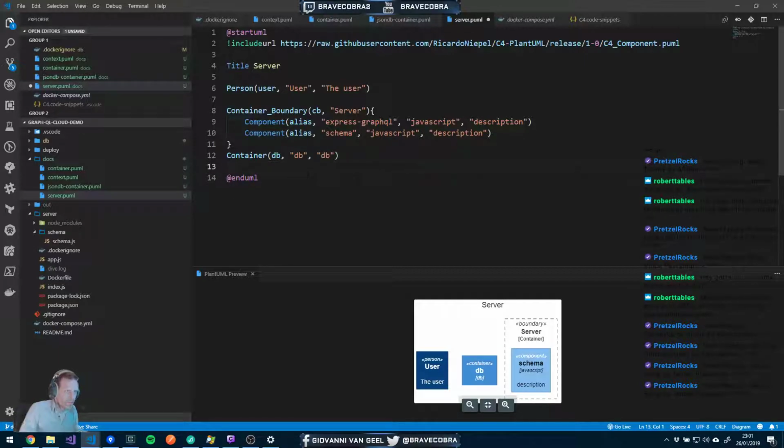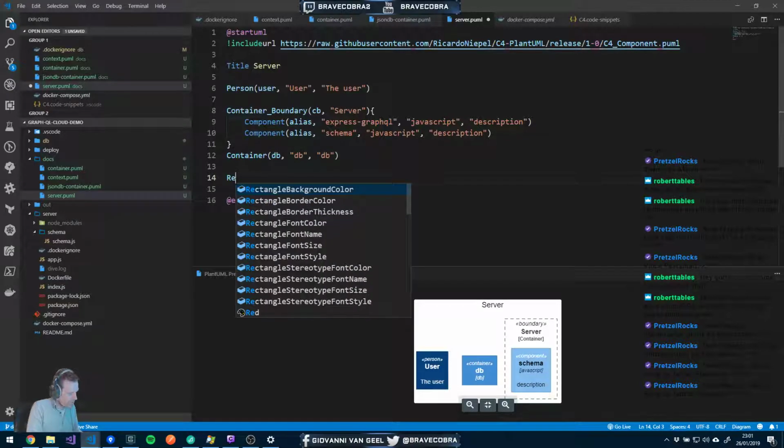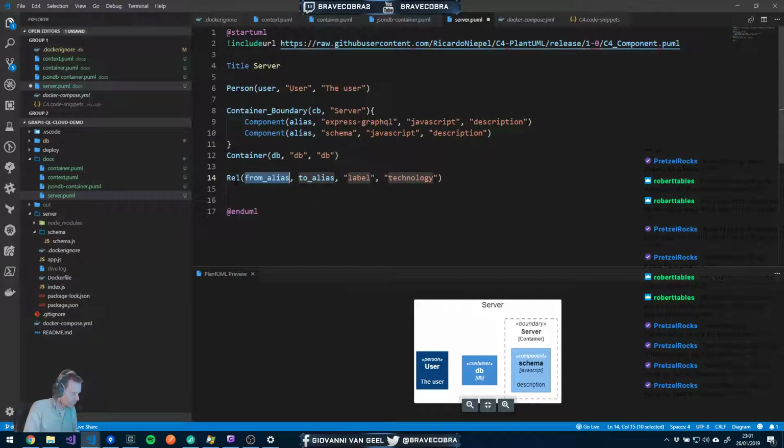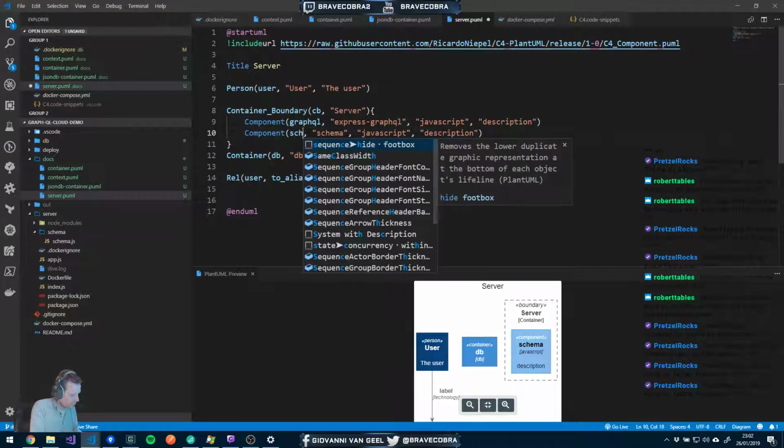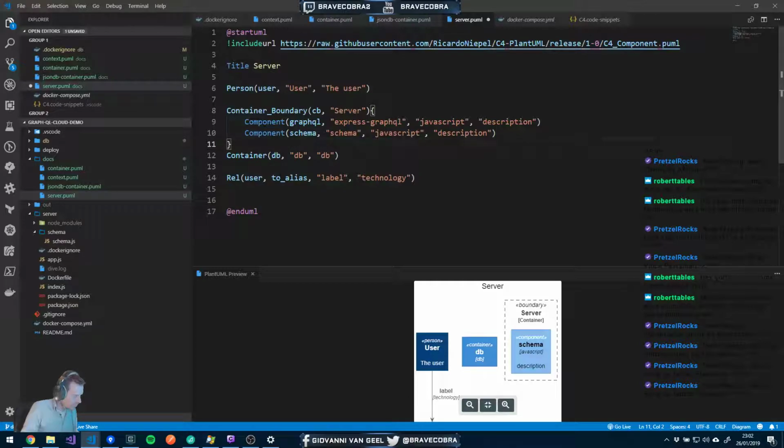Okay, so there should be something looking like this. And we need to add some relationships. Yeah. So we've got the user connecting to the GraphQL one. This is going to be the schema. So the user is connecting to the GraphQL.